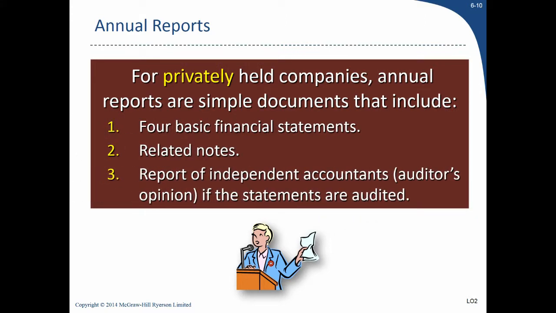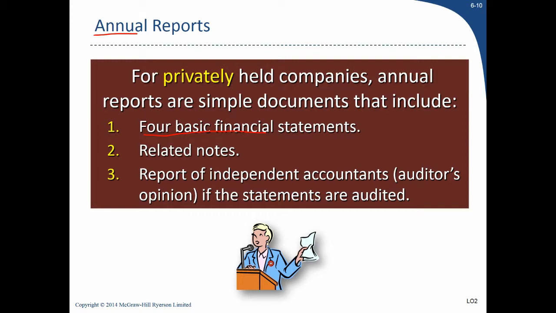So companies, if you're private, your annual report is something you prepare once a year, annually. And it'll include, at minimum, the 4 basic financial statements. What are those? Statement of financial position, statement of earnings, statement of cash flows, and statement of shareholders' equity.